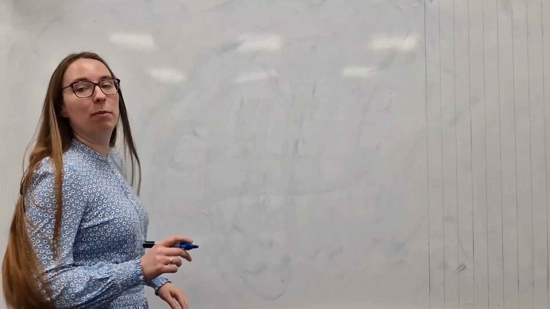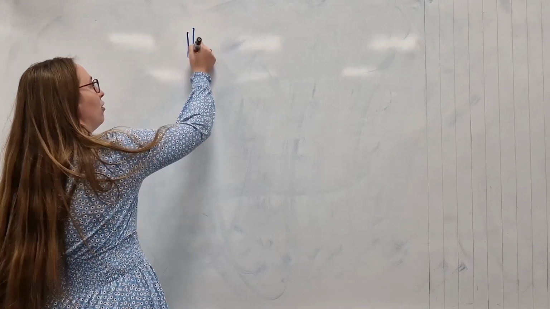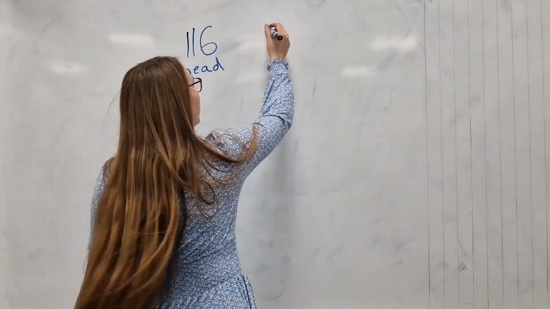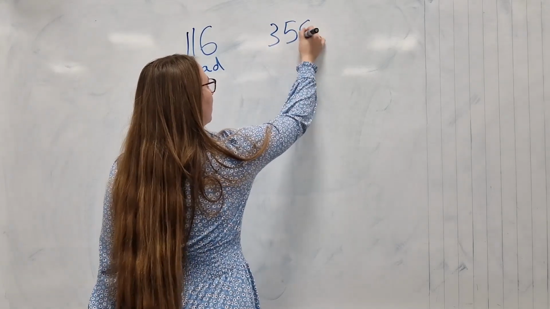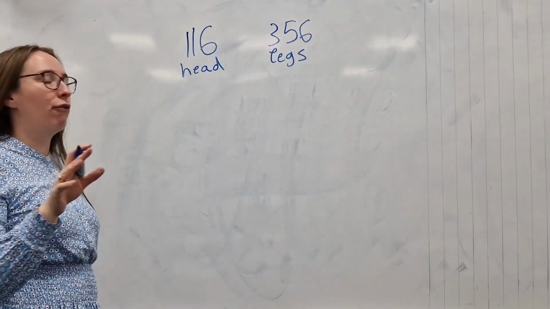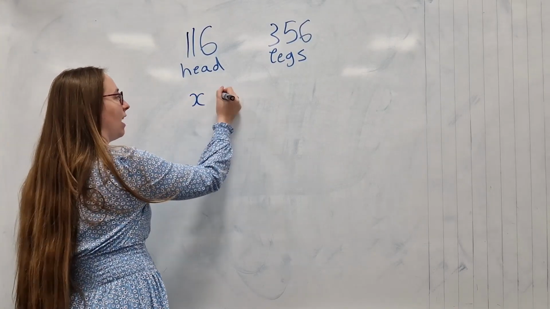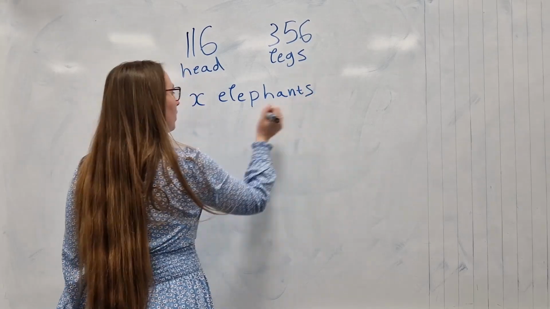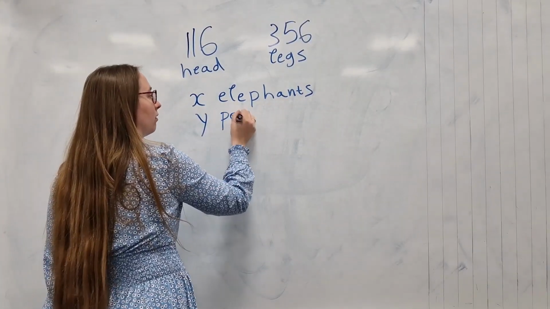Okay, so the puzzle tells us that we have 116 heads and that we have 356 legs. And we have elephants and we have penguins. So I'm going to say that we have X elephants and we have Y penguins.